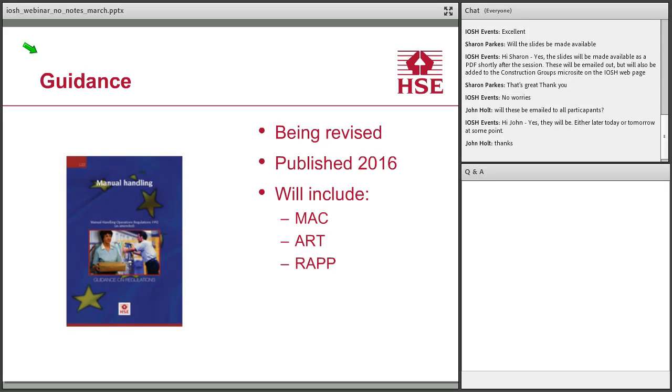The MAC, ART and RAP tools will all be available as an interactive toolkit on the HSE website as well. I mean, MAC and ART are already there. The RAP will be available as soon as this guidance is published as well.